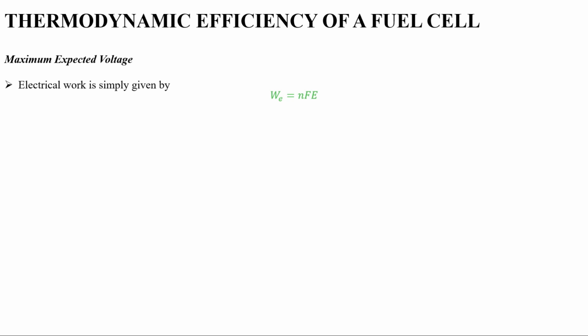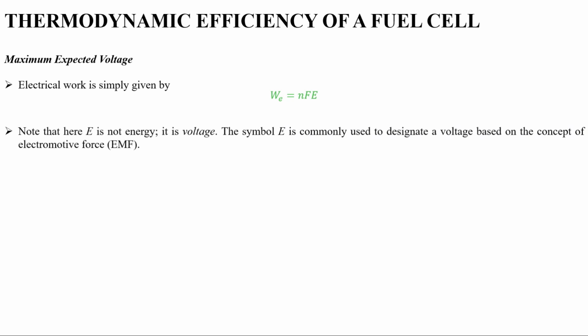Electrical work is given by W equals nFE. Here n is the number of electrons involved in one molar reaction, F is the Faraday constant, and E is the voltage. Here E is not energy, it is voltage, and we use the symbol E because we commonly use E to designate a voltage, based on the concept of electromotive force.